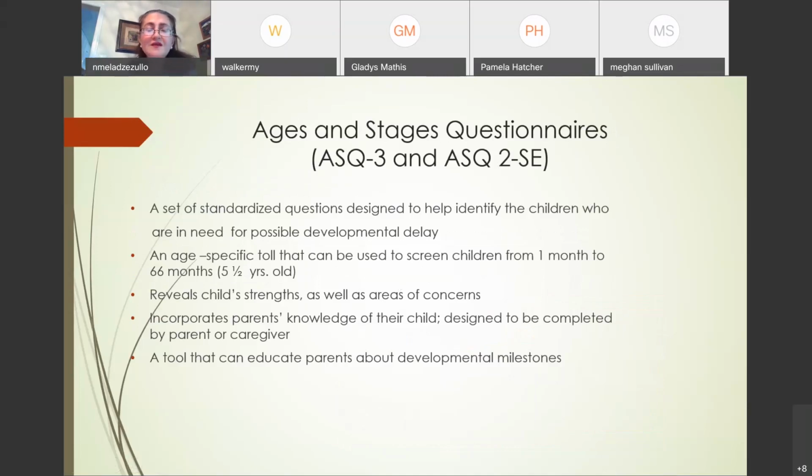So I have here, just as a sample, one of the questionnaires, the Ages and Stages Questionnaire. It doesn't matter what you're going to be using. Many organizations are using it, that's why I have it here. Strong Start is using it as well, Early Head Start. And I hear a lot that even pediatricians are using it.